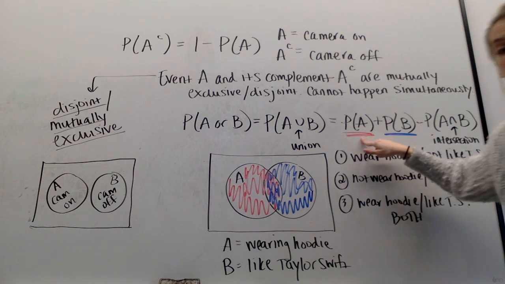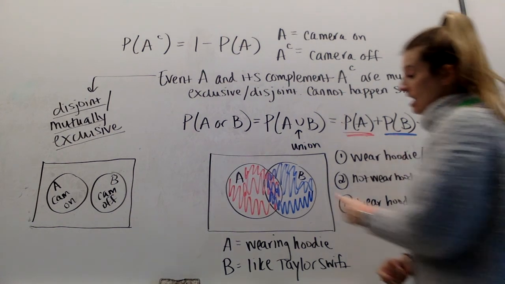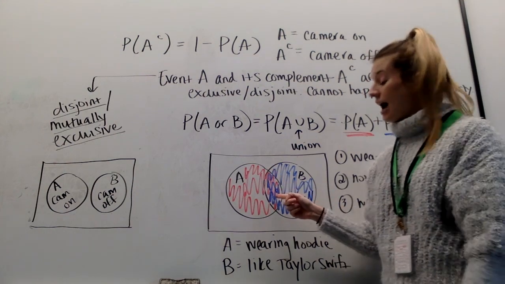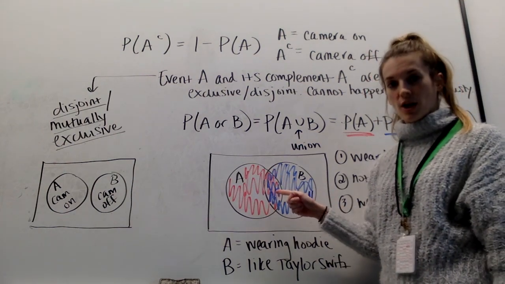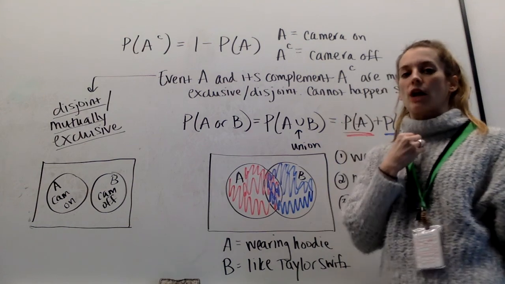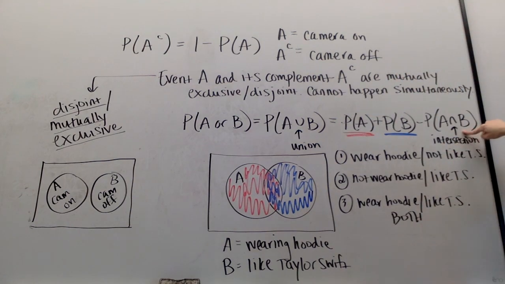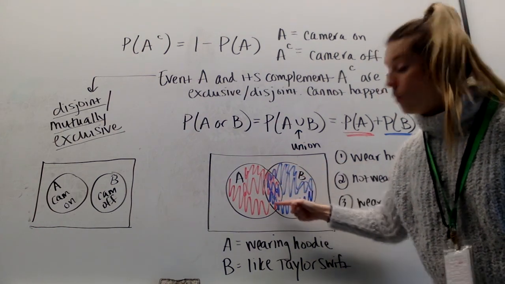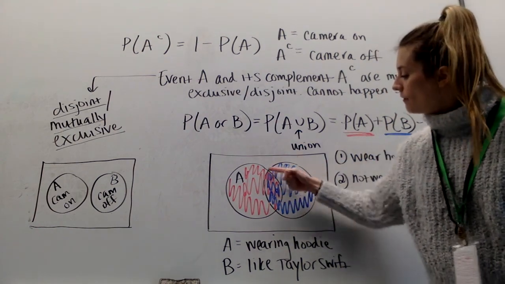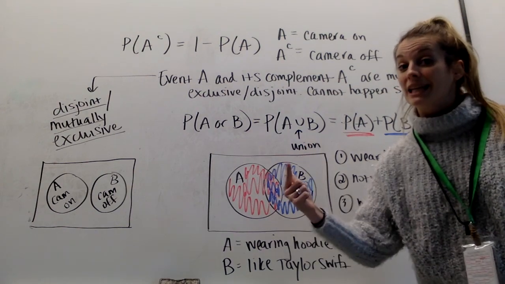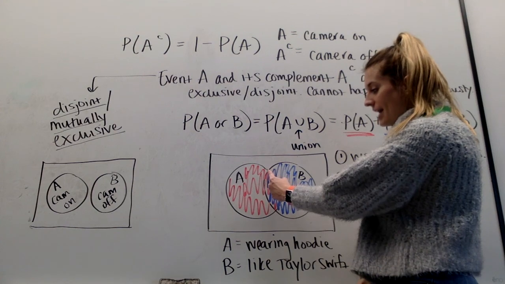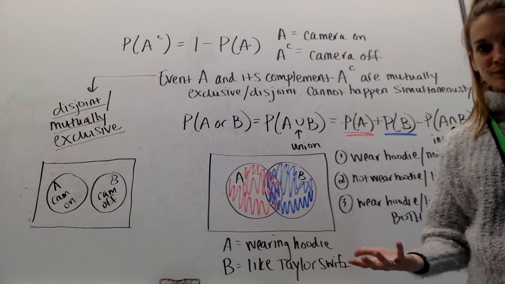When I add the circle for A and B together, I've unfortunately double counted the overlapping section. I've double counted the intersection. What do I need to do? I need to backtrack and remove one of those intersections, all right? So I essentially need to be subtracting out the overlap one time where people fall into the category of wearing a hoodie and like Taylor Swift. And why? Well, because I already shaded this in red and then shaded again in blue.